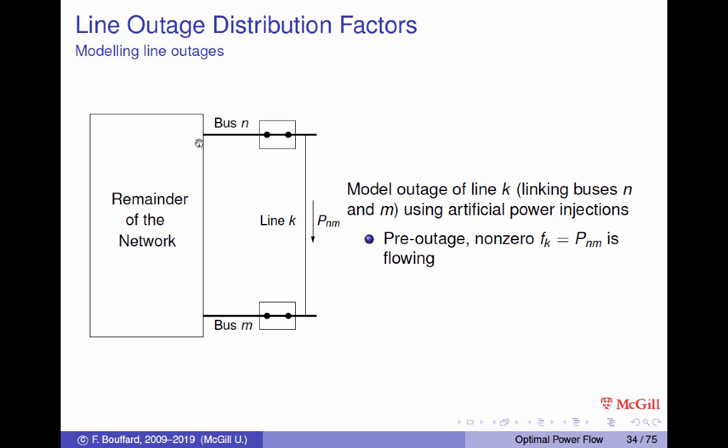So here we have a network. This is the entire network, and between buses N and M, there's a line K, and the line can be disconnected from the rest of the network by opening breakers at both ends of the line. Before the outage, there's an actual flow of power on line K, and we'll call it PNM.